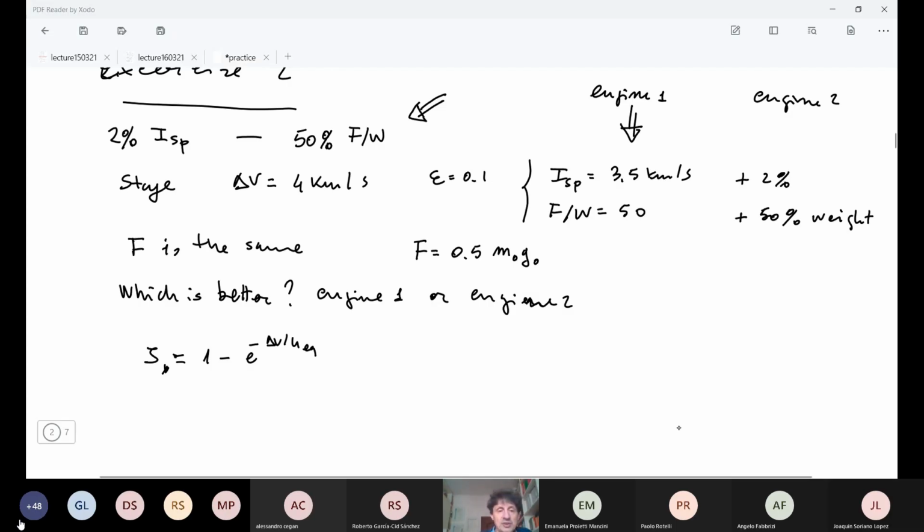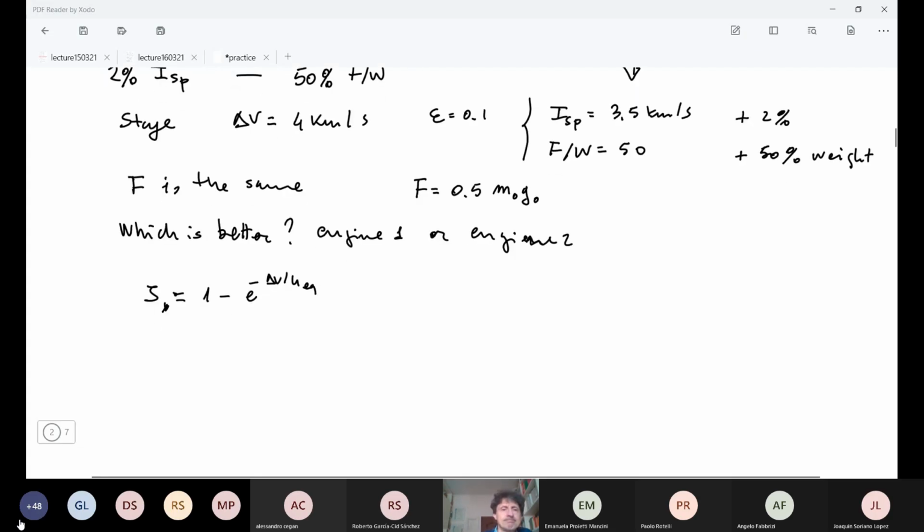And so we have these figures available, but you can compute it. What we have is that lambda is 1 minus Z over 1 minus epsilon minus ME over M0.